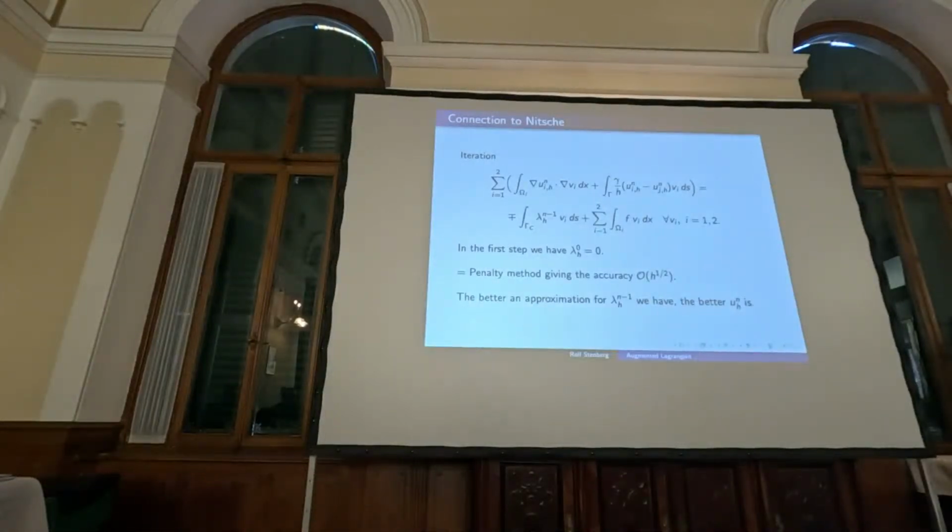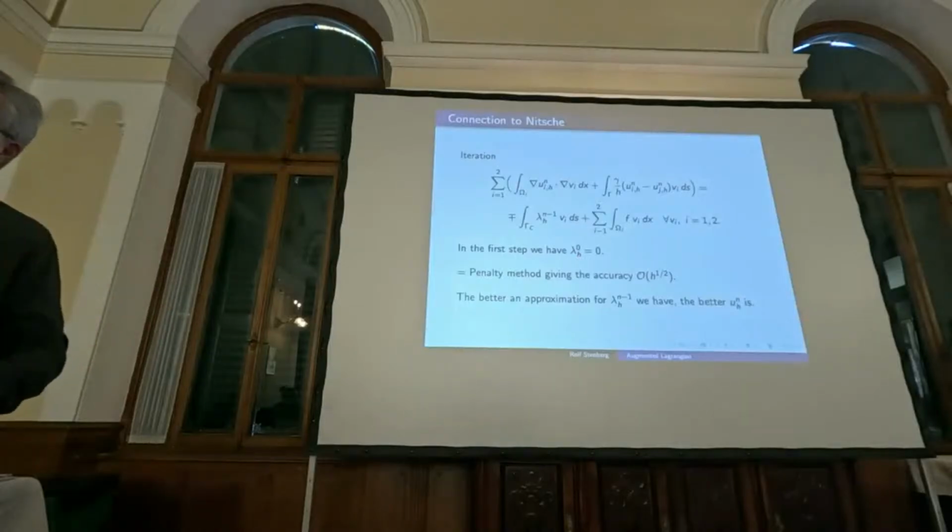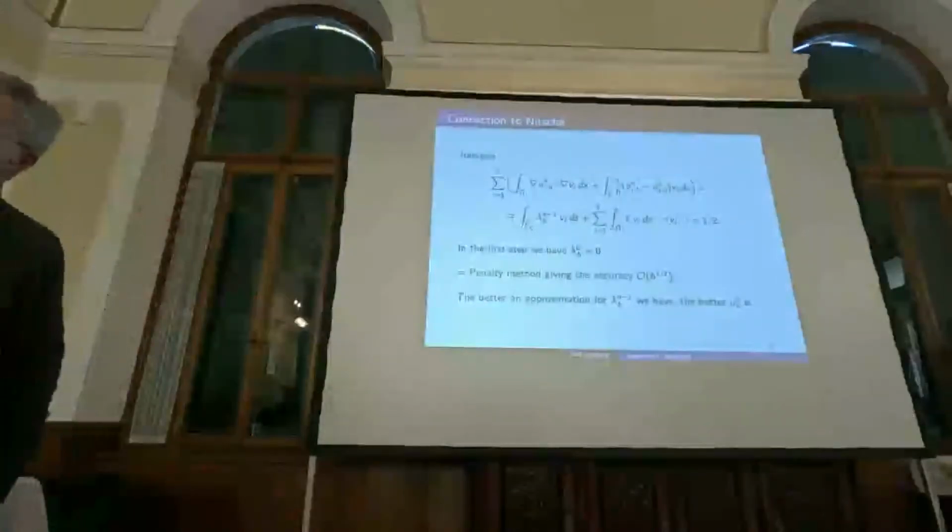Okay, but anyway, a couple of connections to Nitsche. If you look at the augmented Lagrangian, the first equation, again, you throw the lambda to the right-hand side and then you solve. And the first choice in the iteration is lambda equal to 0. So then the first step is the penalty method. Fine, already pretty near.